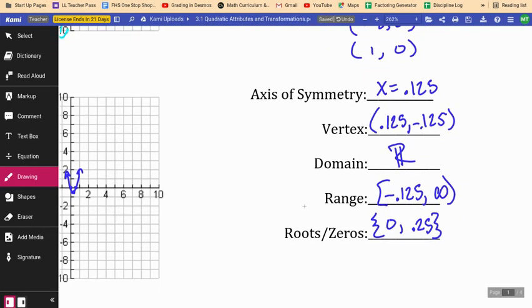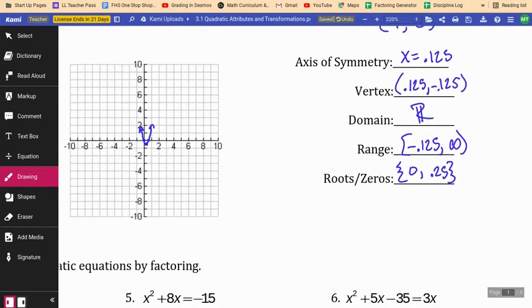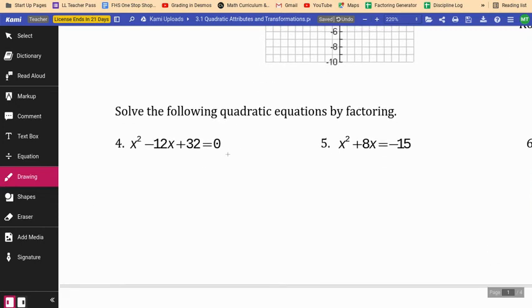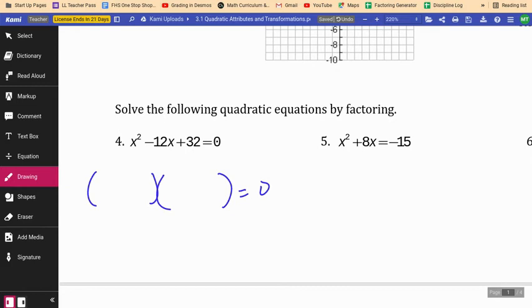Okay, so those are just the attributes of a quadratic and what it should look like. And then we have some factoring problems here, so we should be really good at this. I'm going to factor number 4. It does say solve, so I'm going to actually find the values of those two factors. Remember, the product goes up top, the sum goes on the bottom. Two numbers that multiply to get 32 and sum to get negative 12 are negative 4 and negative 8.